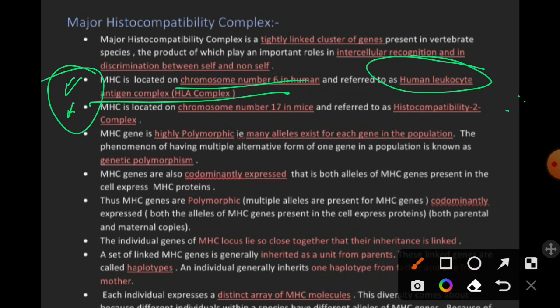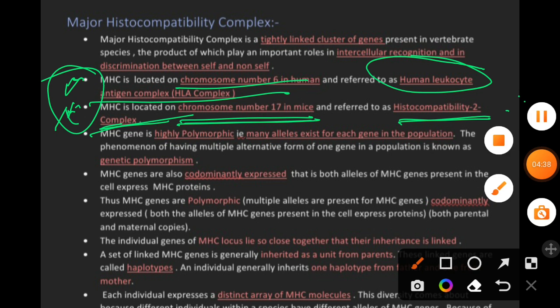In mice, these MHC genes are present on chromosome number 17, and they are referred to as the histocompatibility 2 complex. These two points are very important for MCQ purposes.